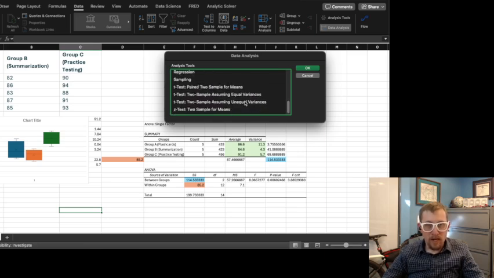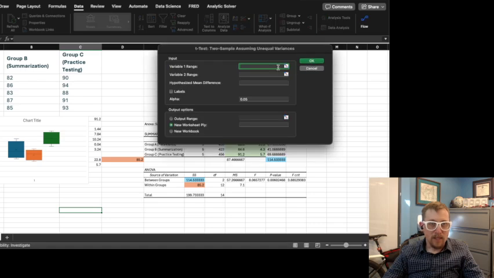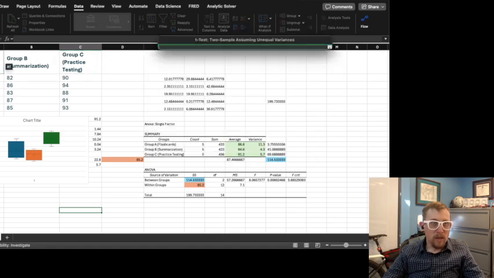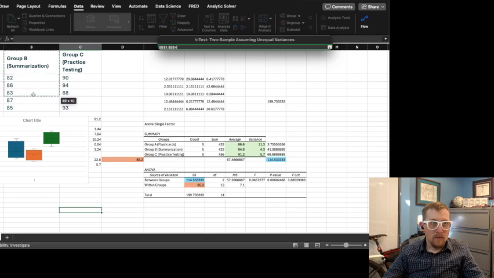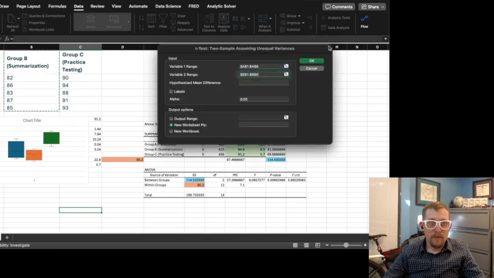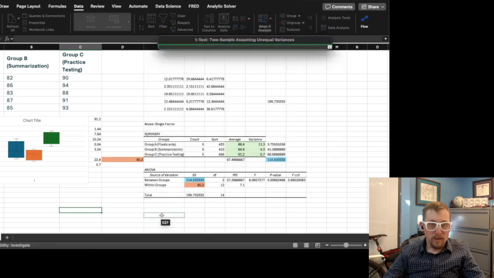I'm not going to run a check on variances, so I'm just going to assume unequal variance. And so I can go ahead and plug in my two ranges, so A and B, and I can give it some labels, and I'm just going to stick that one right here.